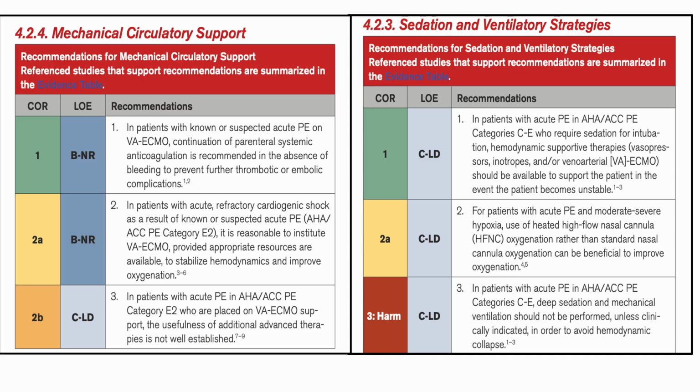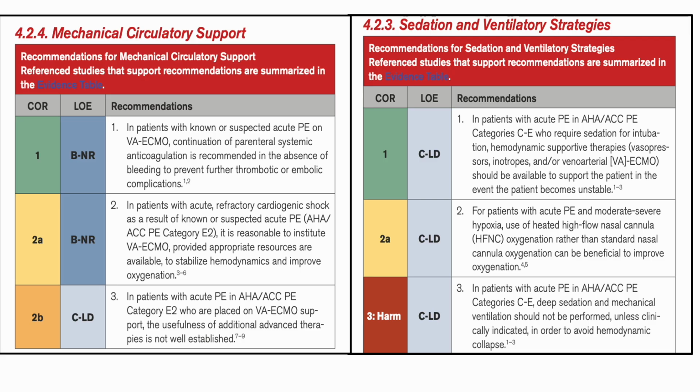The grade 1 recommendation says that if this patient is a known PE on VA ECMO, continuation of systemic anticoagulation is recommended in the absence of bleeding to prevent thromboembolic complications. So no bleeding, with close observation, continue the systemic anticoagulation on VA ECMO.